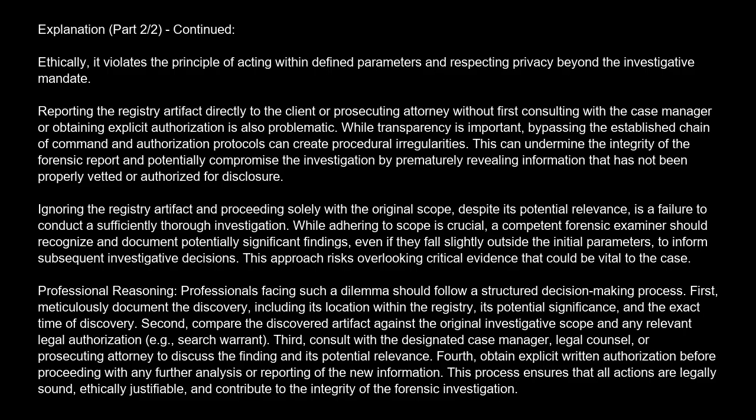Third, consult with the designated case manager, legal counsel, or prosecuting attorney to discuss the finding and its potential relevance. Fourth, obtain explicit written authorization before proceeding with any further analysis or reporting of the new information. This process ensures that all actions are legally sound, ethically justifiable, and contribute to the integrity of the forensic investigation.